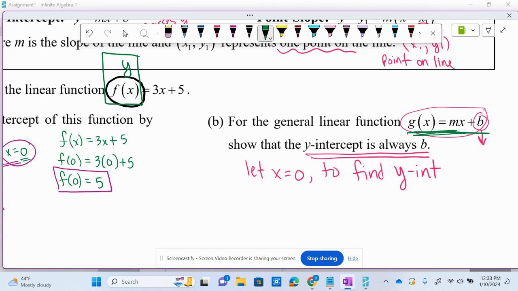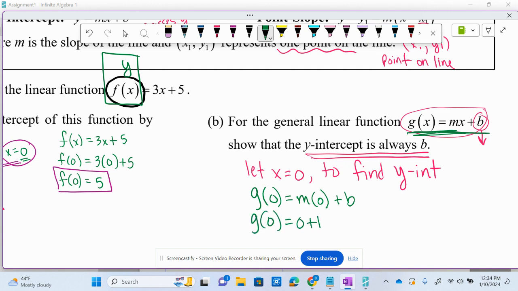A 0. So I have g of 0 equals m times 0 plus b. Good job. And what is m times 0? Say it loudly. 0. It's 0. Yeah, good job, you guys.